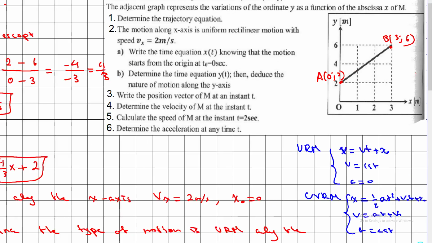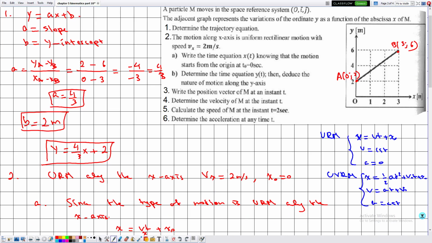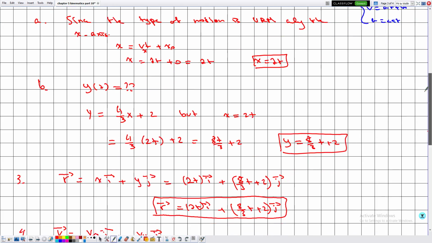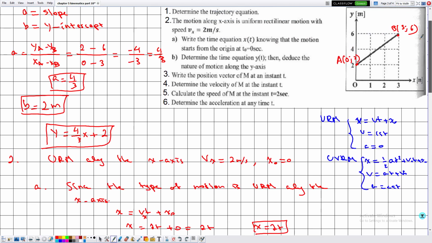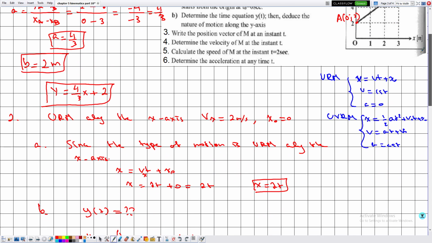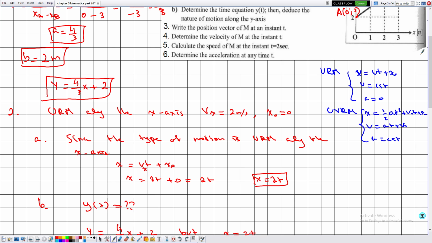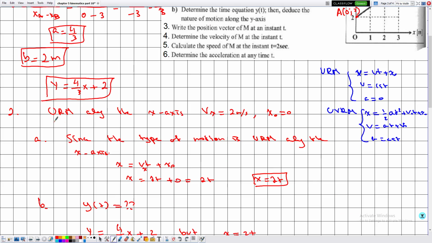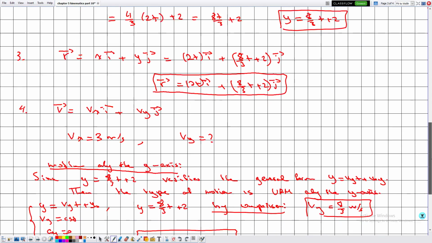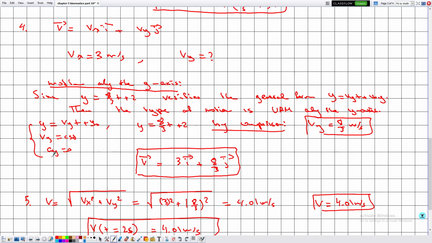Now as for number 6, they are telling me to determine the acceleration at any time. Notice that by referring to the type of motions along each axis, since it is URM along the x-axis, then ax is equal to 0, and URM along the y-axis, then ay is equal to 0.